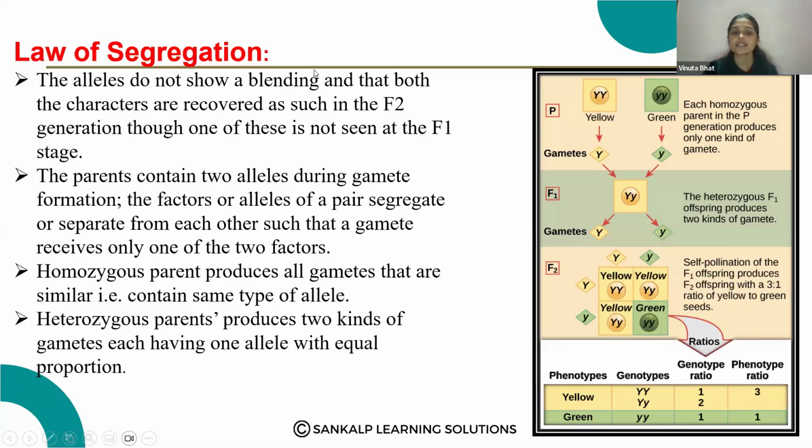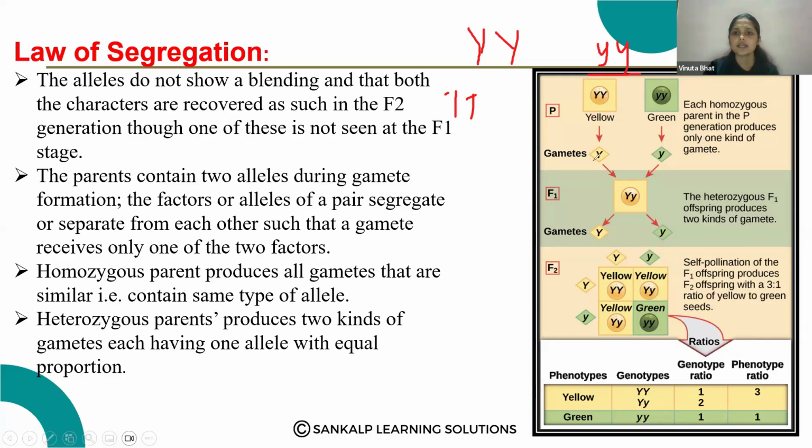For example, take seed color: capital Y is yellow and small y is green. Capital Y is dominant and small y, representing green, is recessive.